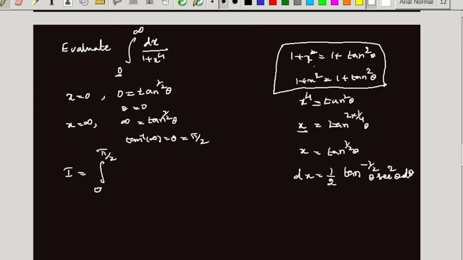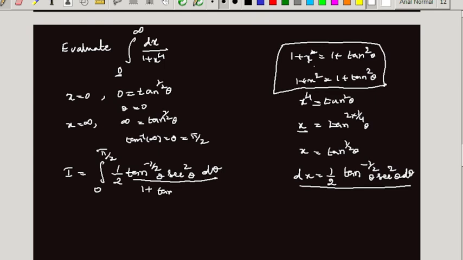Question can be written as limit 0 to pi/2 dx. So dx is nothing but 1/2 tan power minus 1/2 theta into secant square theta d theta dividing by 1 plus x power 4 is nothing but tan square theta.